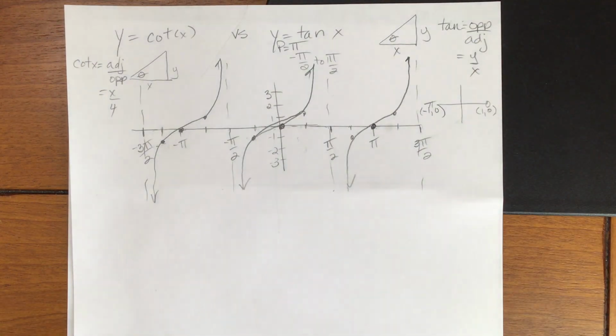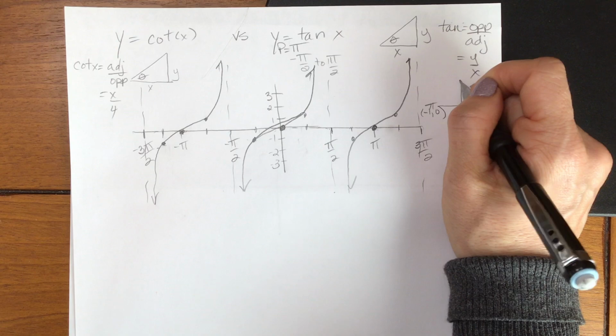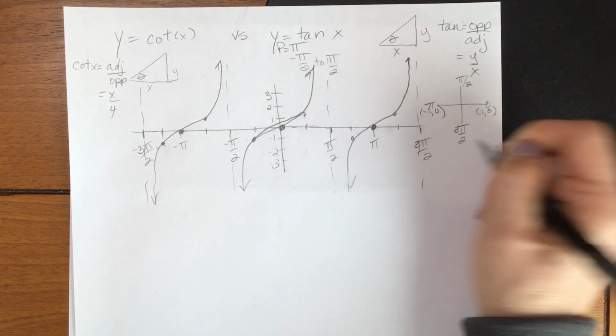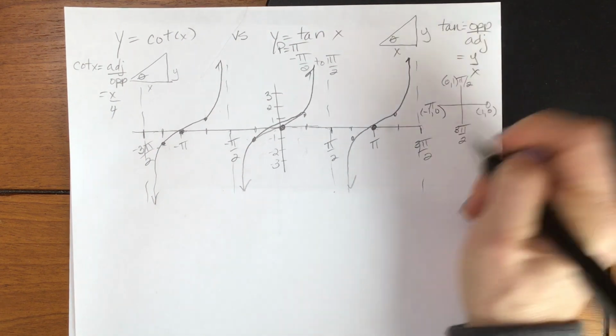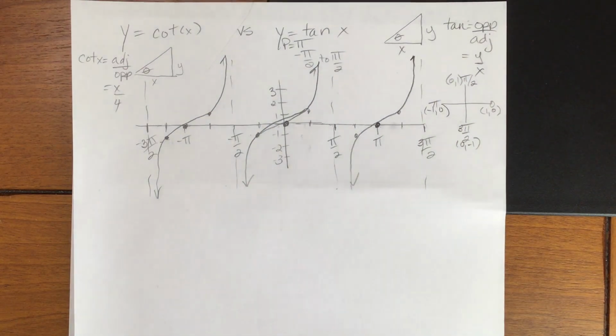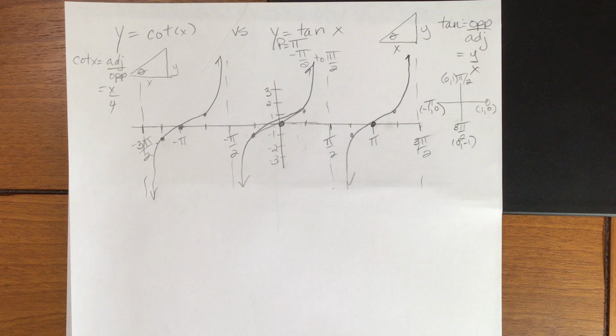And that's why we get zeros at these values. And then up here at pi over 2, or down here at 3 pi over 2, our values are 0 and 1, or 0 and negative 1. And that's why we get asymptotes at pi over 2 and 3 pi over 2, because those values have 1 divided by 0 and are undefined.